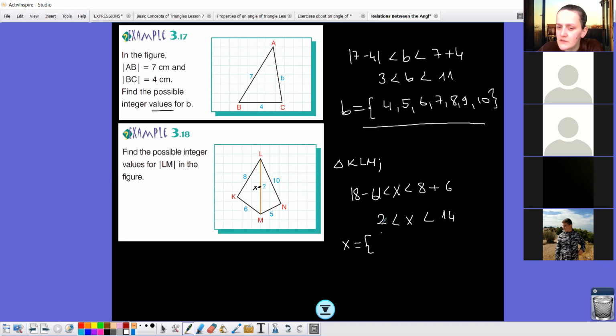X is greater than 2, so it will be 3, 4, 5, 6, 7, and so on. 14 is the last one here, so we'll have till 13. Less than 14 it has to be.